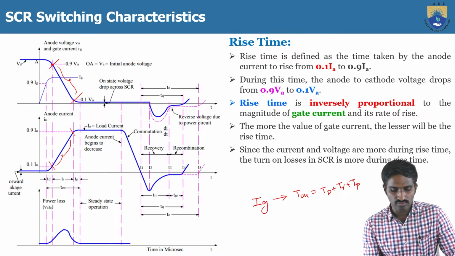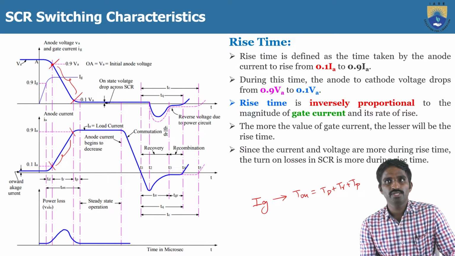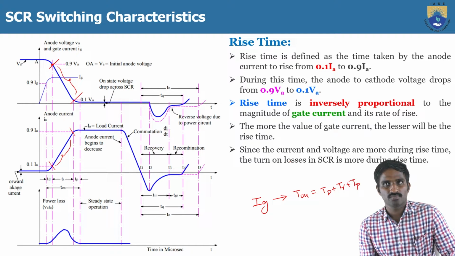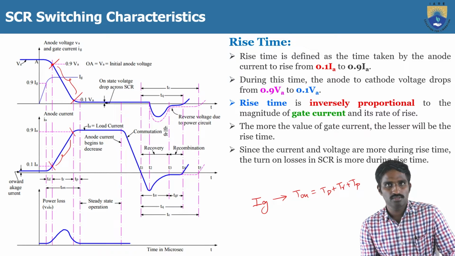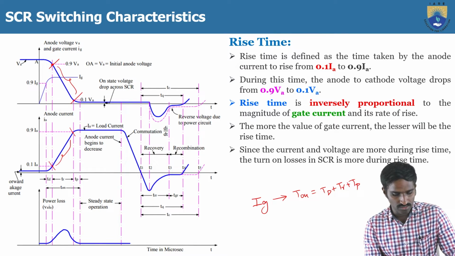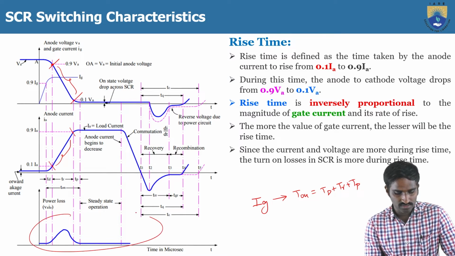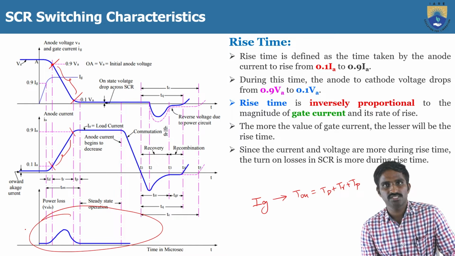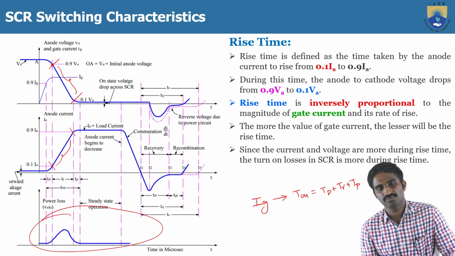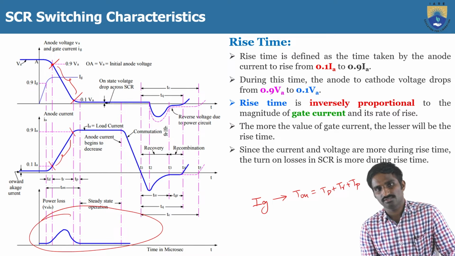Another point that we have to remember is, during this rise time the current and voltages are more. That's why the turn on losses of the SCR are more during this time. Here the third waveform represents the power losses, because during the turn on also you will get some power losses, which are called switching losses.